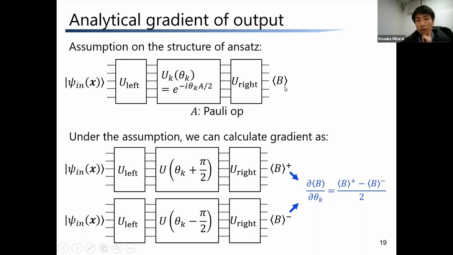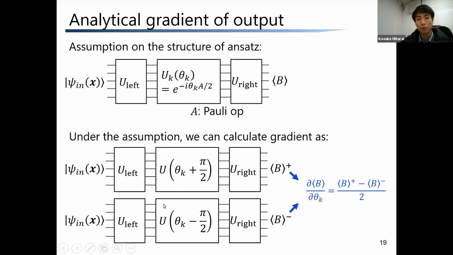So that kind of observable is hard to measure on NISQ devices. You can do it in principle because it is just an inner product between the states, but this is easier for NISQ devices.